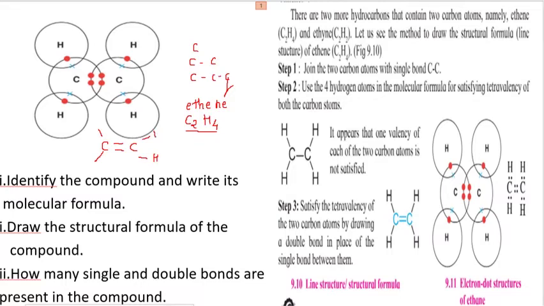So with the help of single bonds we have to draw 4 single bonds and write down the hydrogen atoms. Now, our next question: how many single bonds are present? Here 1, 2, 3 and 4 single bonds are present, and there is a double bond present between the two carbon atoms.